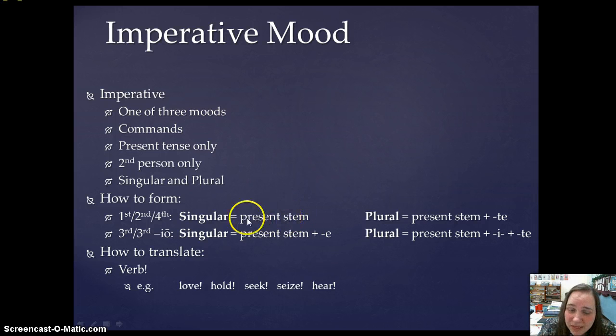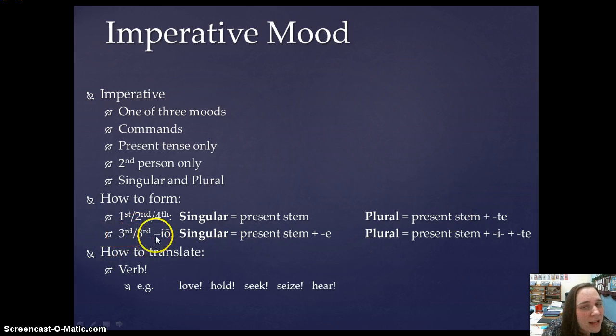So whatever the present stem is, that is also the singular imperative. And the plural imperative is the present stem plus this ending te, okay? So for first, second, and fourth conjugations, easy peasy. You form the singular imperative by using the present stem, the plural imperative by the present stem plus the te.